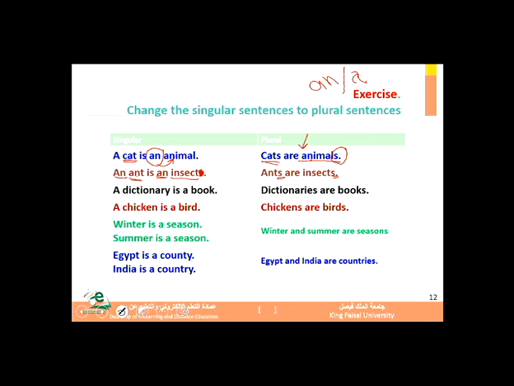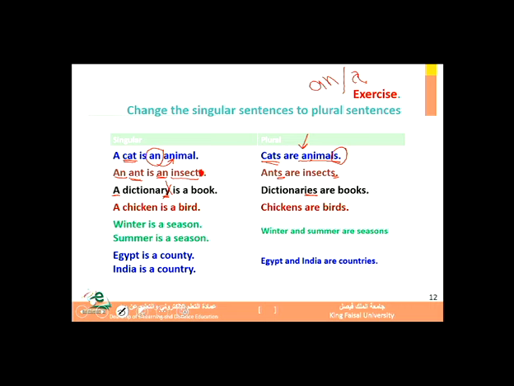A dictionary is a book. Dictionaries are books. What happened? We have the word dictionary. It ends with y. To change this word into the plural, we have omitted the y and we have added ies. Now what happened to the a?